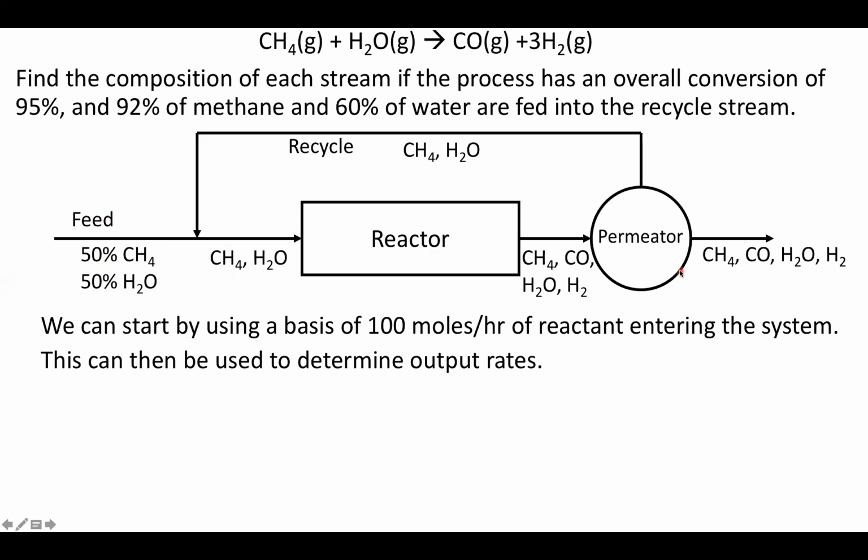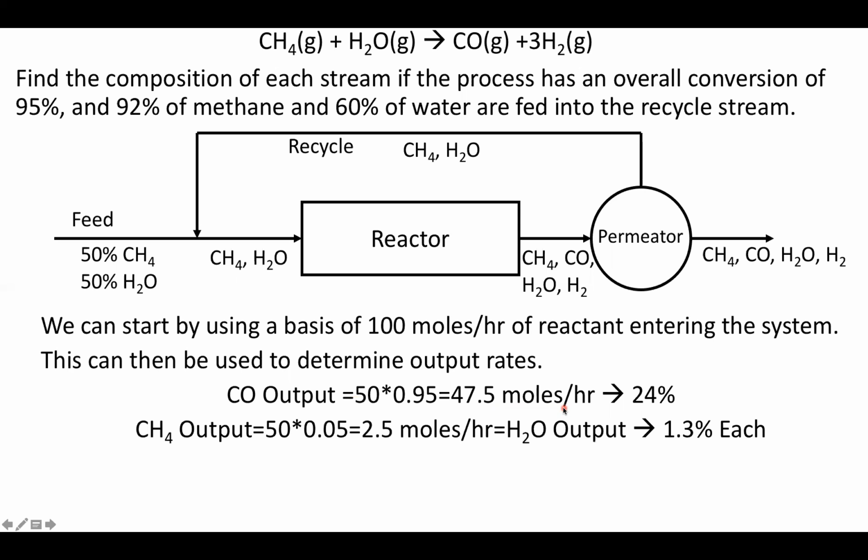And then using this, I can try and solve my output rates using this 95% conversion percentage. So if I've got a 95% conversion, that means via stoichiometric ratios, 95% of the methane has been turned into CO. So I'll take my methane numbers, 50 moles per hour times 0.95, and we end up with 47.5 moles per hour of my carbon monoxide product.